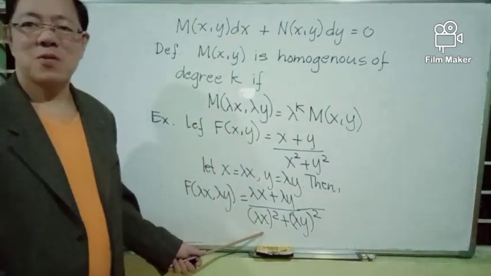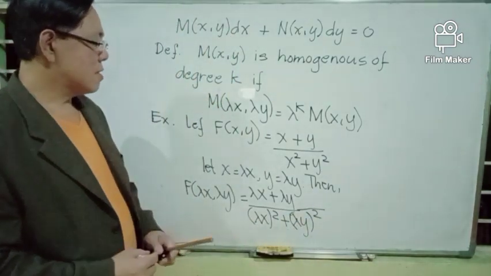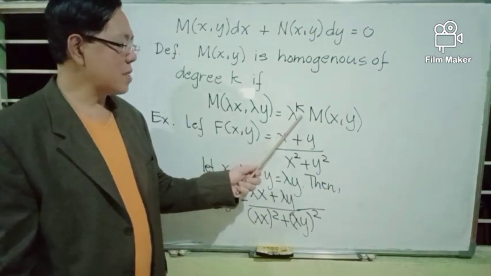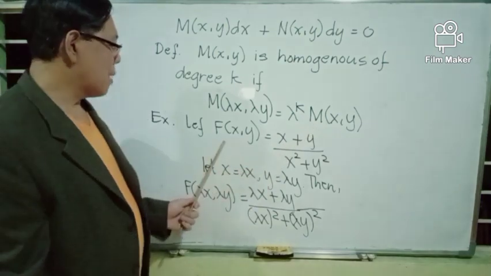Now simplify the expression at the right hand side and see if you can write it as the product of lambda to some exponent k times the function f of xy.